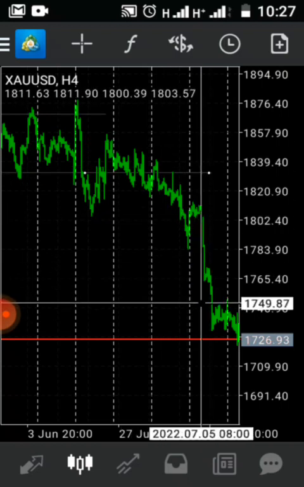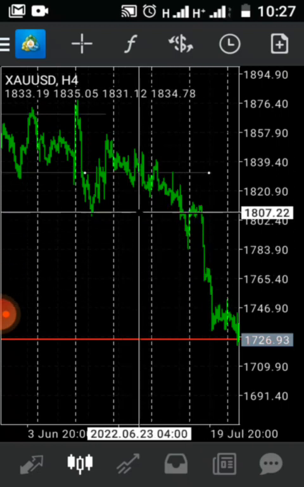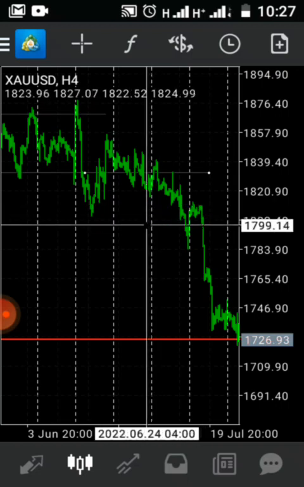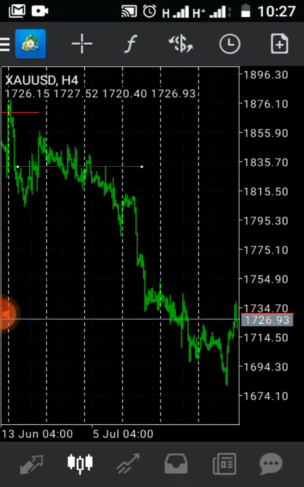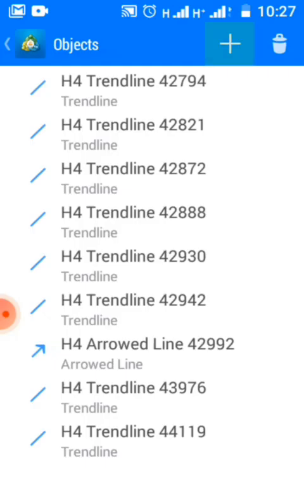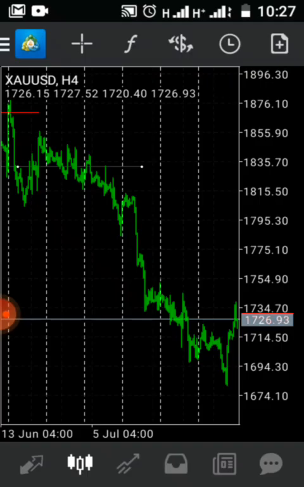That's shooting down. Now when we broke this here and we broke this here, we start getting a trend line. So let's do our trend line. This is our trend line.